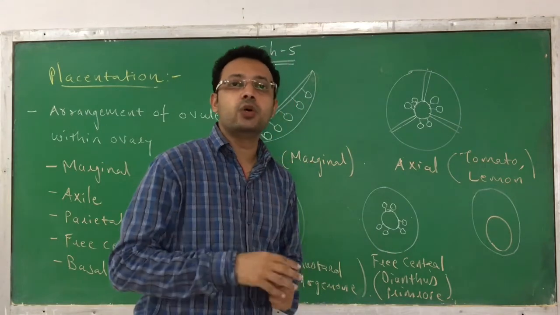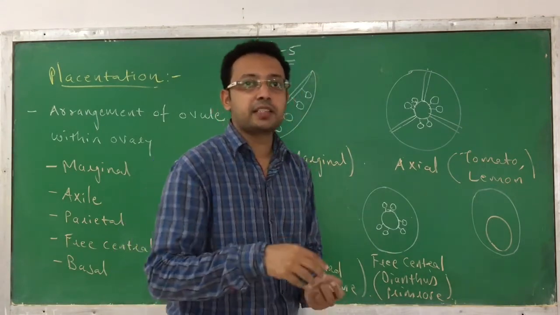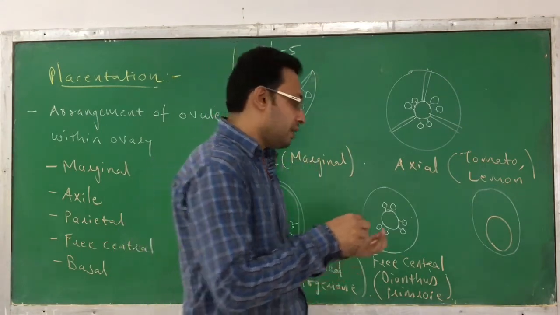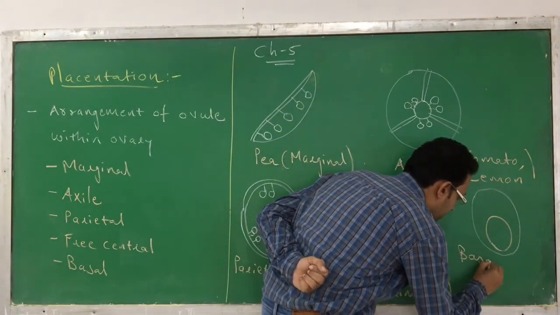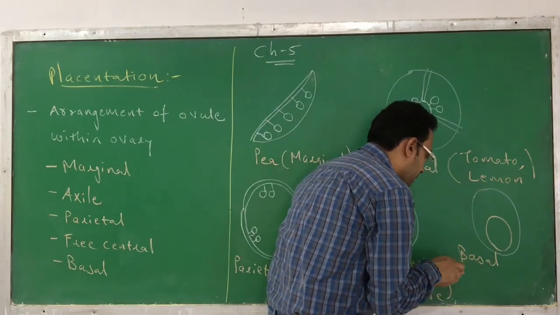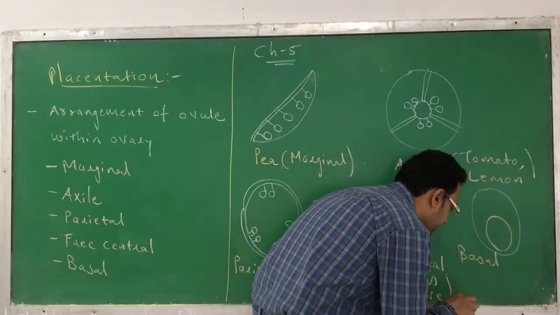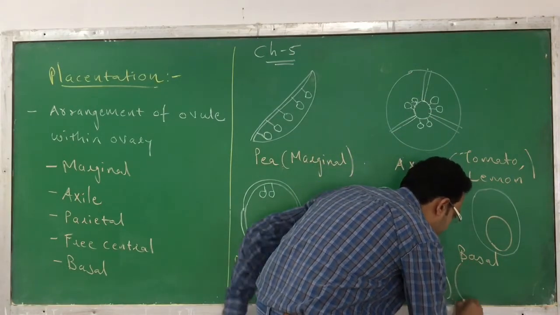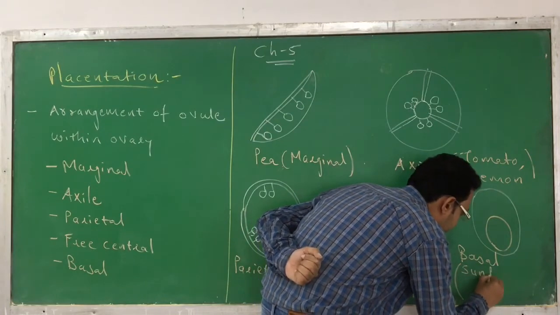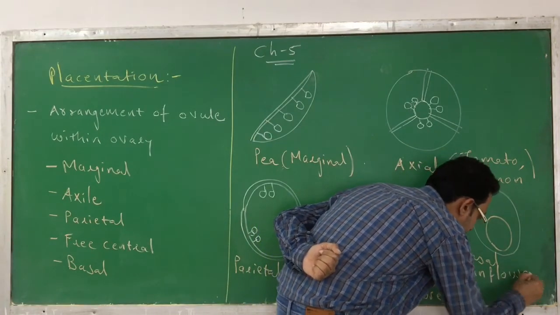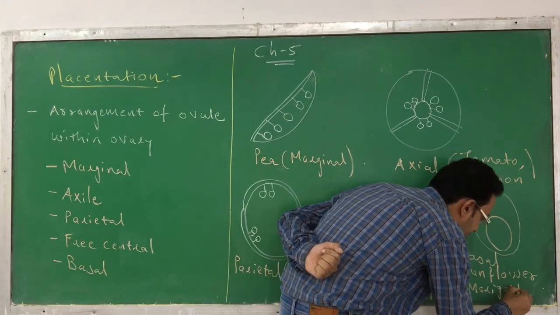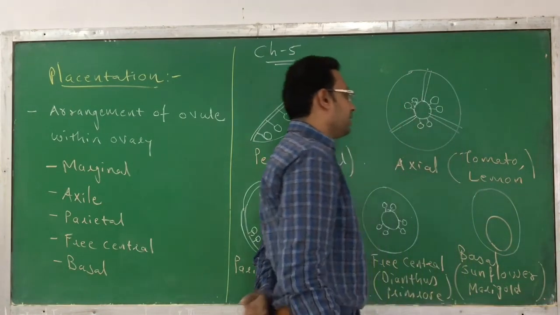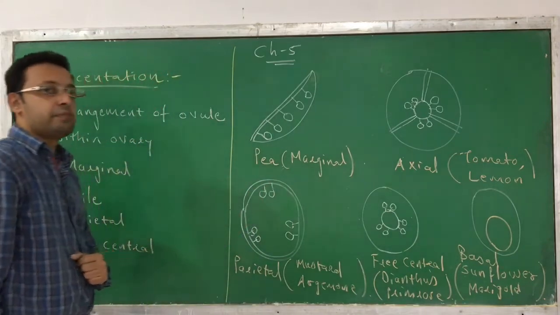Usually a single ovule is found at the base. Such basal placentation can be found in sunflower and also in marigold. Okay, clear?